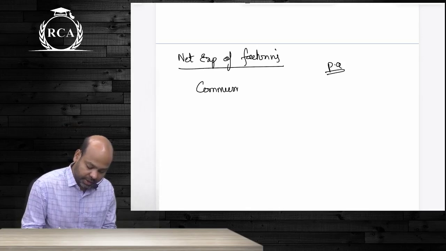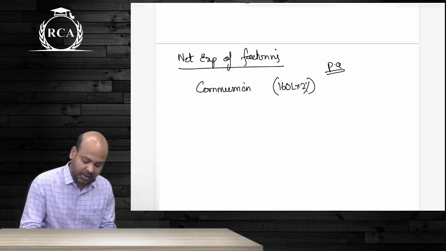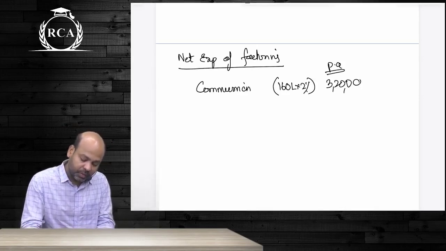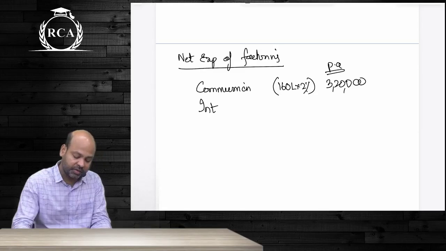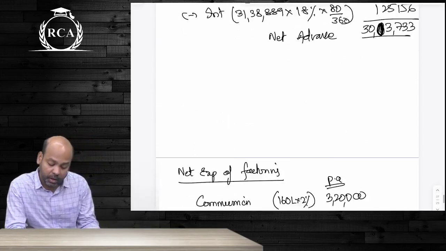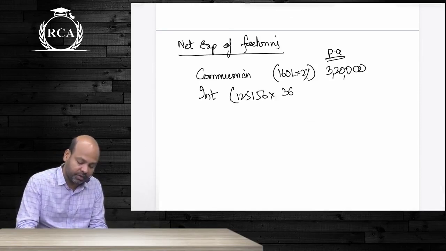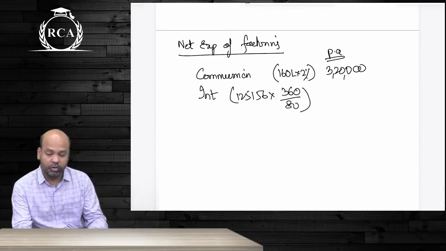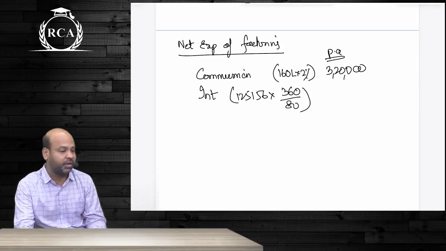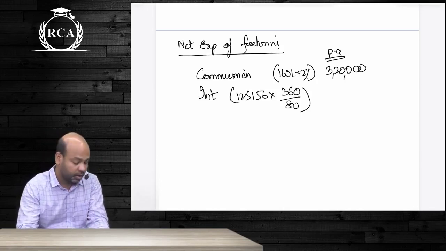Commission, guys, I can directly write commission as 160 lakhs in the entire year into 2%, but that'll be 3 lakh 20,000. How much was the interest that they charge, guys, for 80 days? 1,25,156. You can write into 360 by 80, guys, or you can also write 35 lakhs 55,556 into 18% directly.